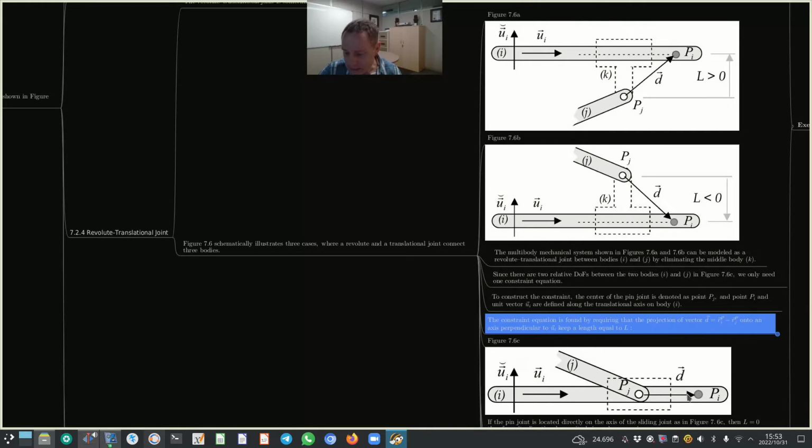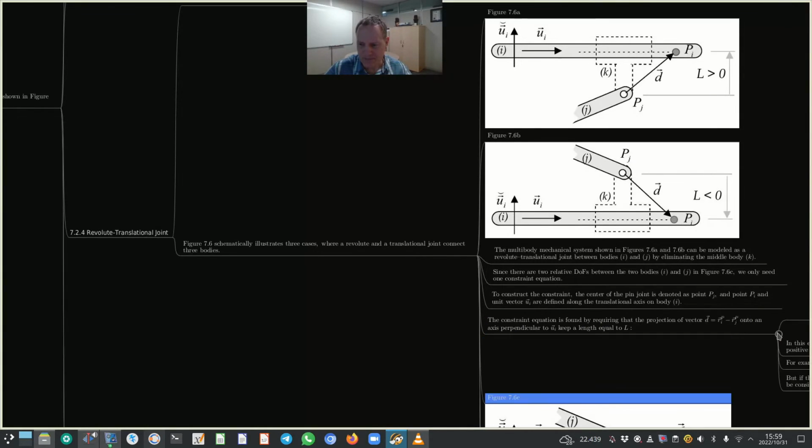So the projection of vector D onto the axis perpendicular to the unit vector ui needs to keep the length equal to L. Okay, and that's illustrated nicely here in 7.6a and b.